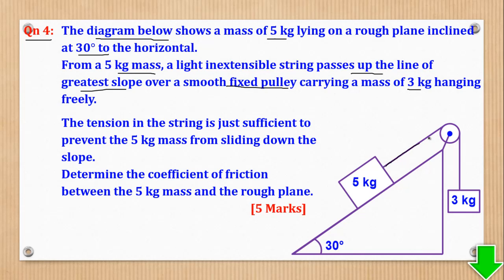So it's a string through the fixed pulley carrying a mass of 3 kilograms. The tension in the string is just sufficient to prevent the 5 kilogram mass from sliding down the slope. Determine the coefficient of friction between the 5 kilogram mass and the rough plane.